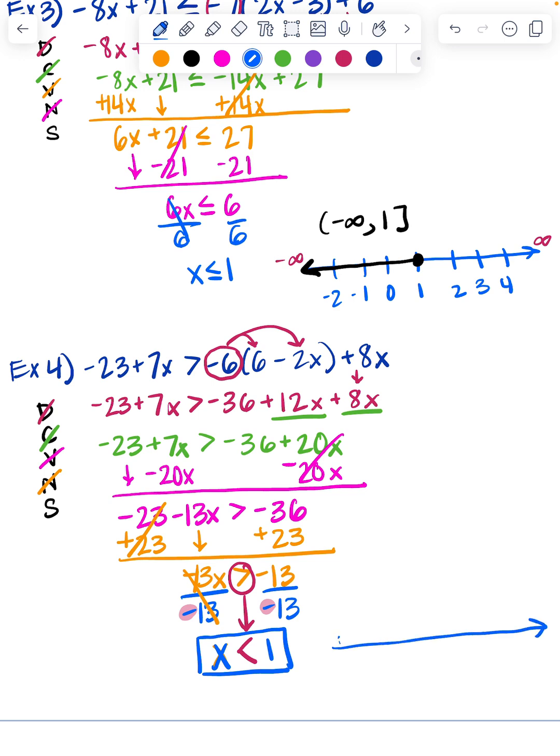Number line with 1. And this less than gives an open circle on the number line with the arrow pointing left. Interval notation will be negative infinity 1.